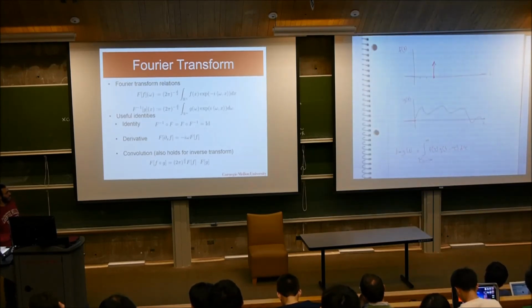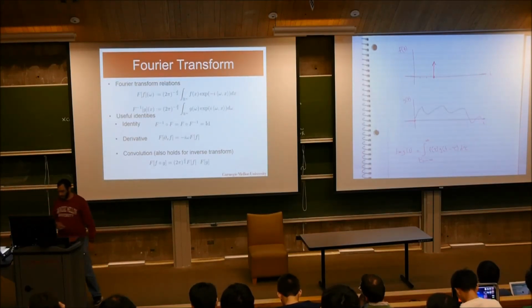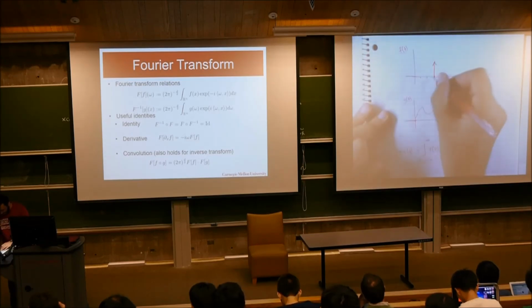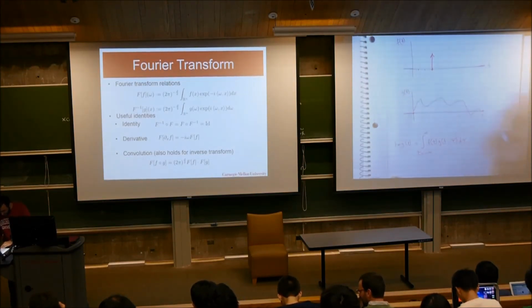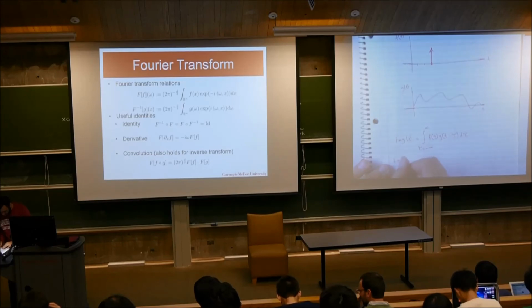If we compute the convolution of these two functions, what's the evaluation of this integral? What's f convolved with g, for example, at 1?